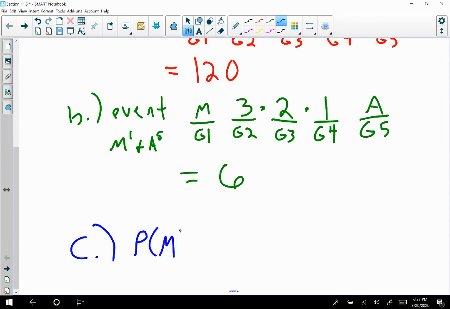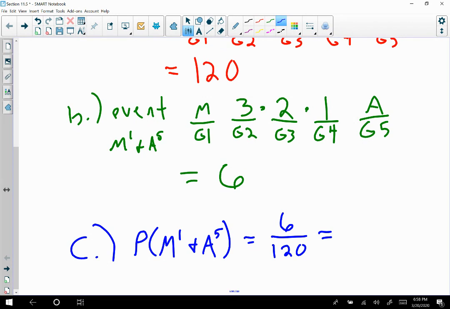So now all we have to do in part C is we want the probability of Martha being first and Armando being 5th. So all we're going to do is put the 6 over the 120. And all we got to do is reduce that. The 6 is on top because that's what we want to happen. We want the Martha Armando event to be on top. And then down below is the total.